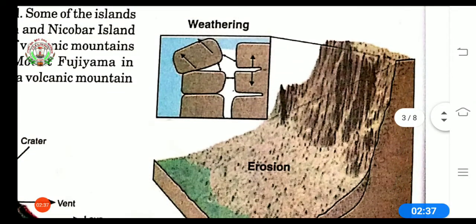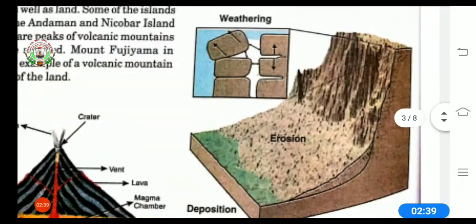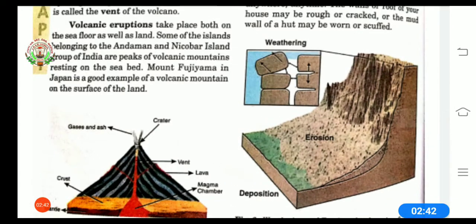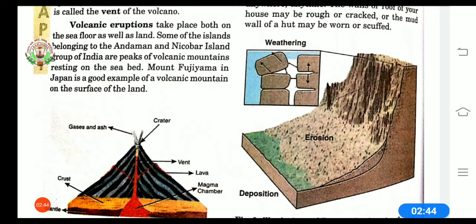Down here we have one diagram. This is weathering and erosion, the changing phase of the earth. Here you can see a rock, and because of weathering that rock is converting into small particles, and after converting into particles they will be eroded like this.